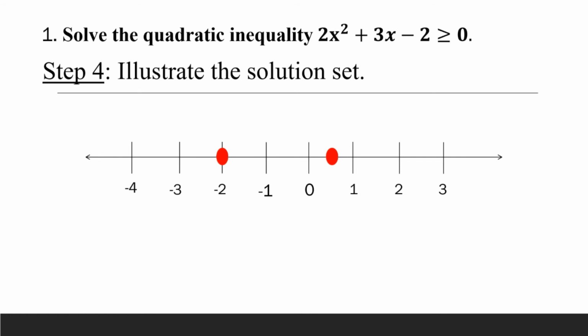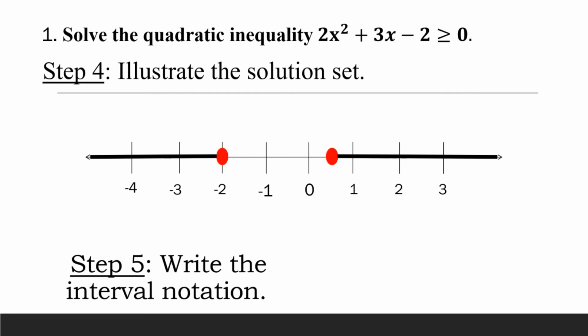So please take note that in step 3, in the test points, intervals 1 and 3, or the points under those intervals, satisfy the inequality 2x squared plus 3x minus 2 greater than or equal to 0. Therefore, we have to shade those intervals. So we now have here our solution set.